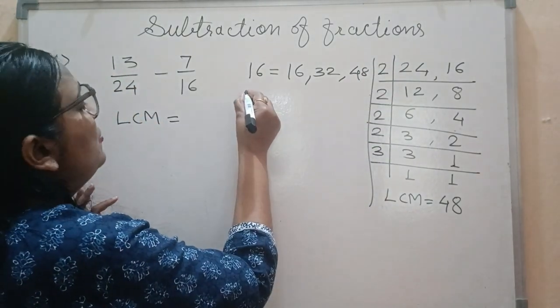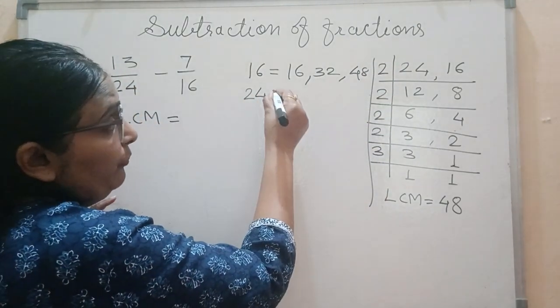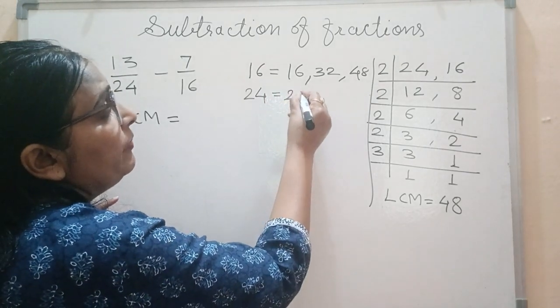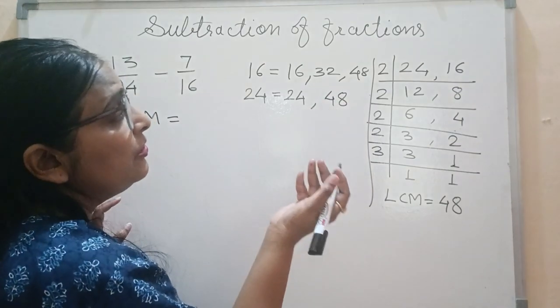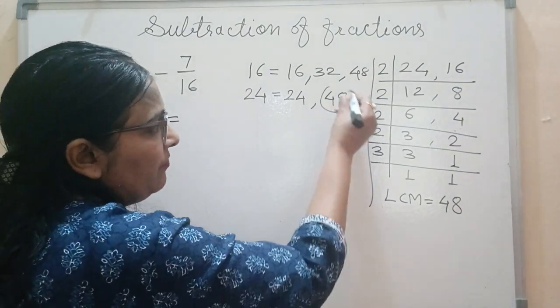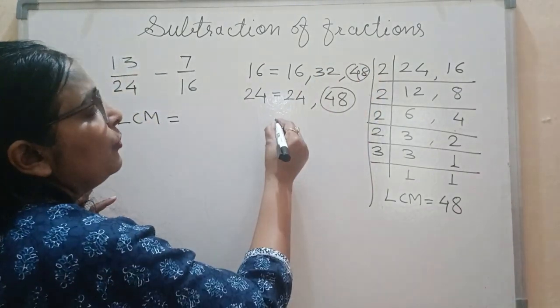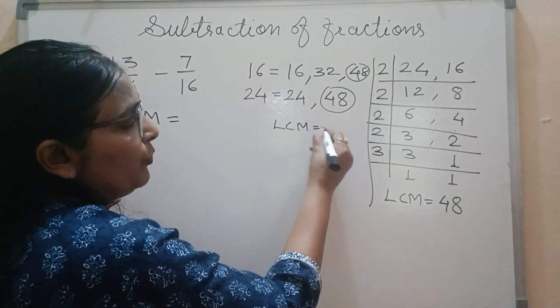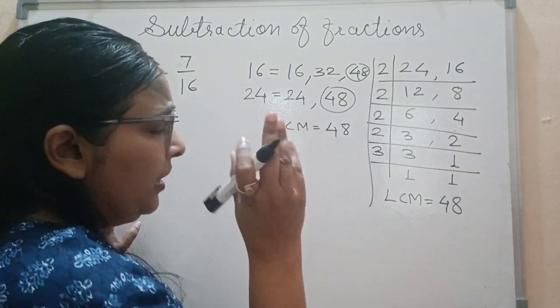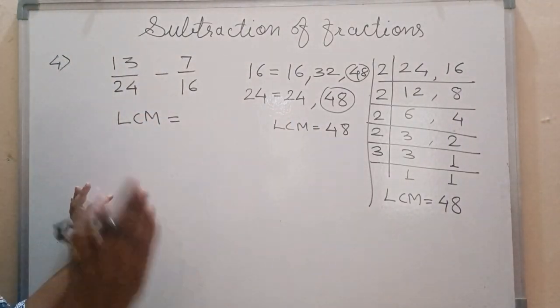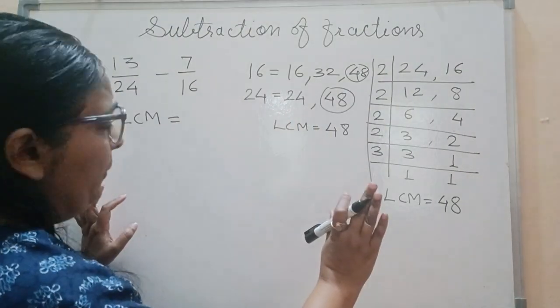Now next, if you make the 24 table, then 24 ones are 24 and 24 twos are 48. First common multiple is 48. So LCM will be 48. Whichever method you feel is easy depends on you only. You can use any one method.